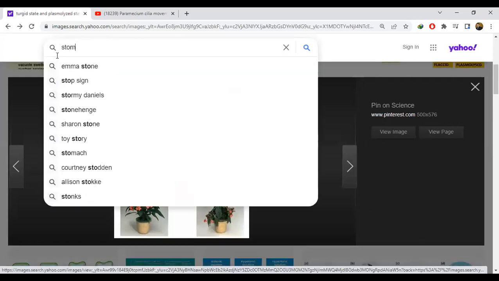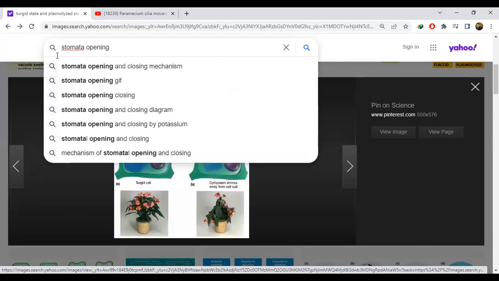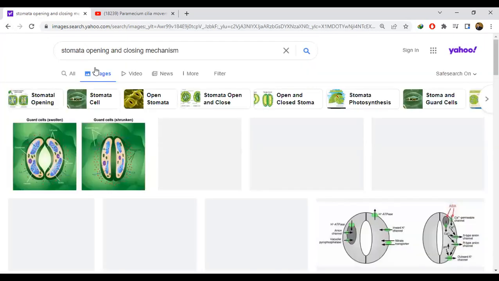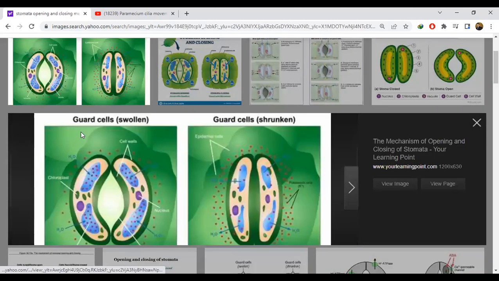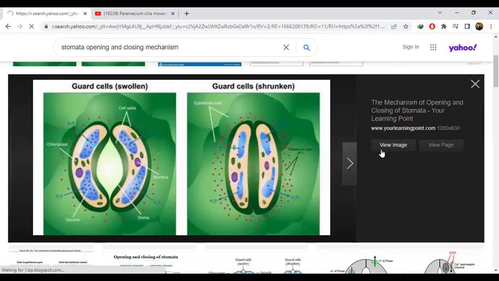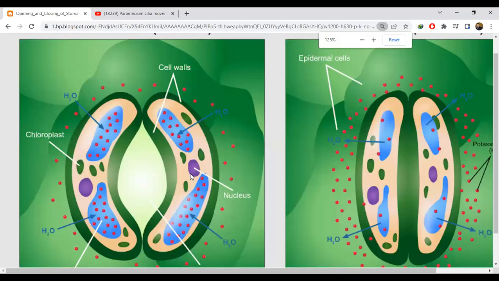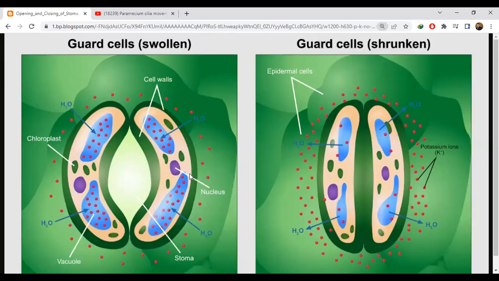You know, there are, what is it? Do you know this word? Stomata. Yes. So, do you know stomata can open and close? Here, look at the left and right.